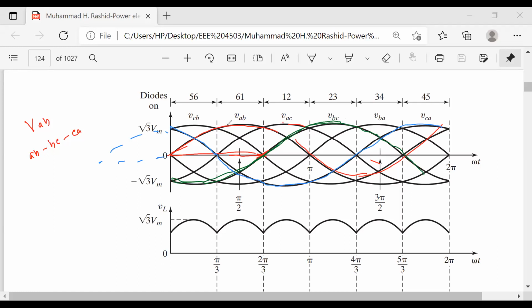And then we also write down VBA. VBA is nothing but the negative of your VAB, right? So this will be your VBA. And we also have to write down VAC, and also VCA. This way you have to write them down. Now, which voltage is highest?